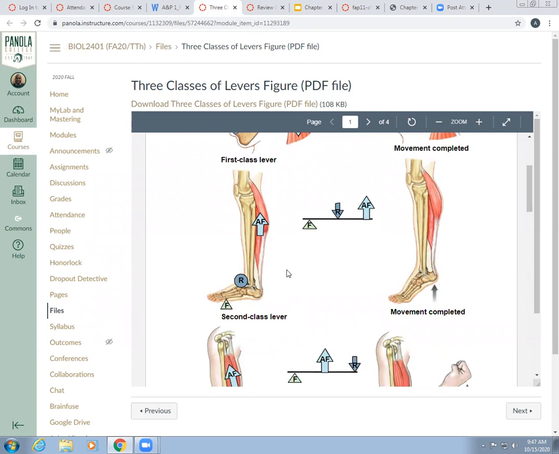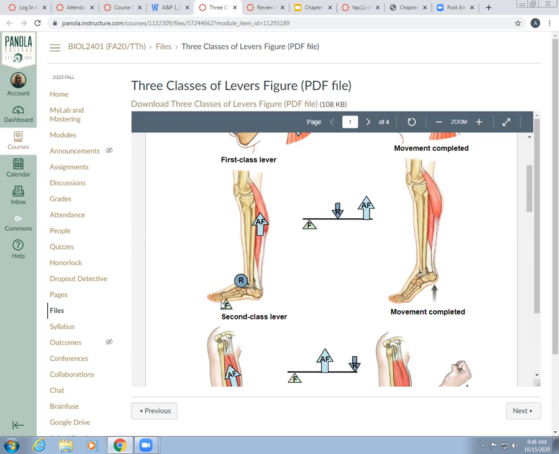Second class lever, now the resistance is in between your fulcrum and your applied force. So when your gastrocnemius muscle in your calf contracts, okay, it's in a sense pulling your body up, okay?